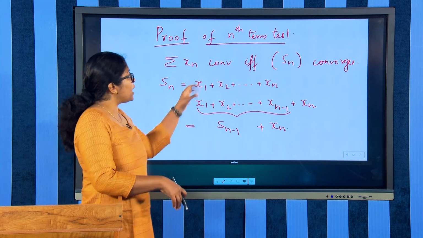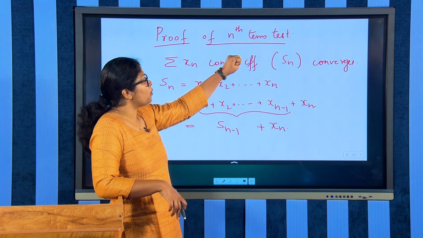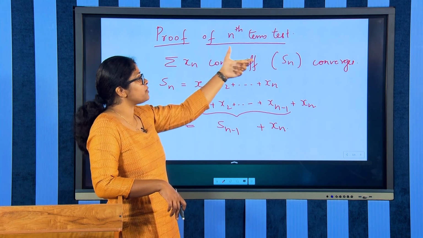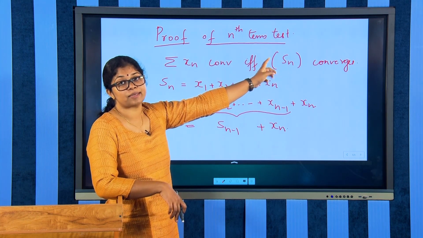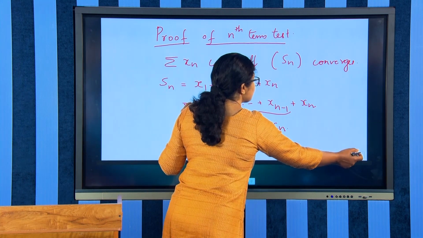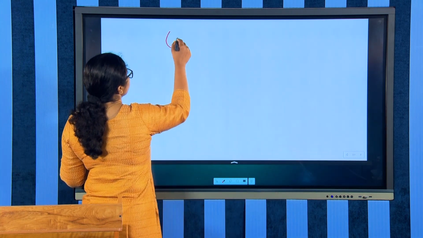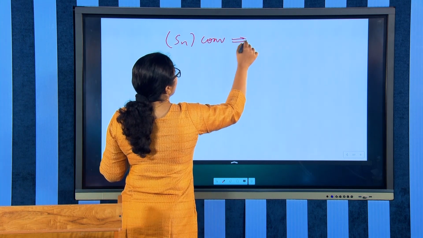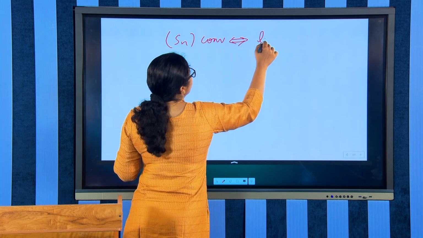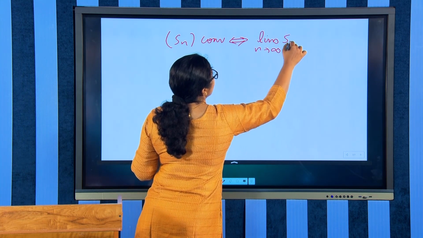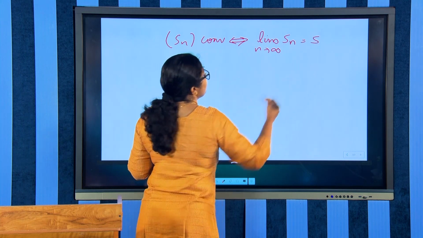So, we have already established the fact that sigma xn converges if and only if the sequence of partial sums Sn converges. So, Sn converges means limit n tends to infinity of Sn is nothing but a finite number s.